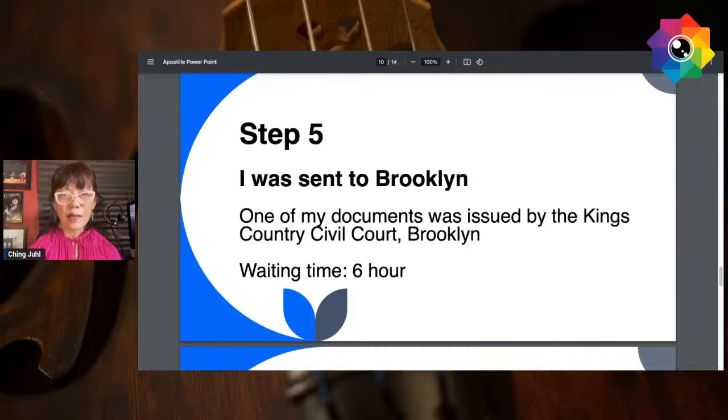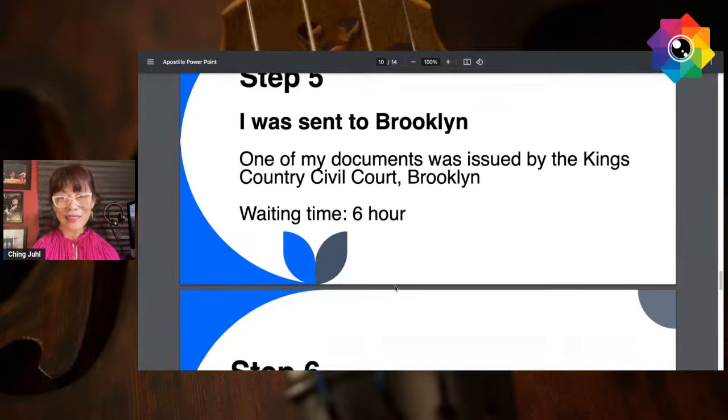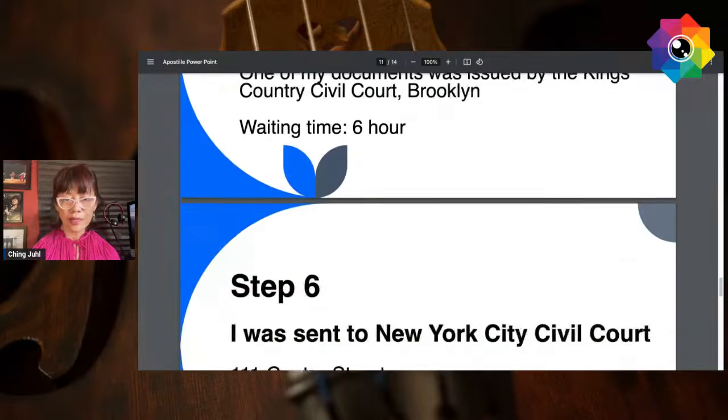Tom found it, and then he sent me to another window to pay some small fees, and then to another window to do another stamp. Then I was sent back to the New York court clerk office. Okay, so this is the story. All together, the waiting time was 6 hours for Brooklyn.